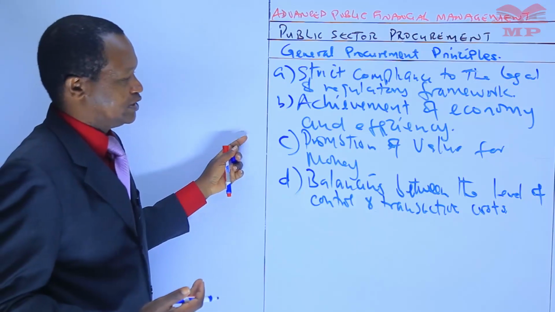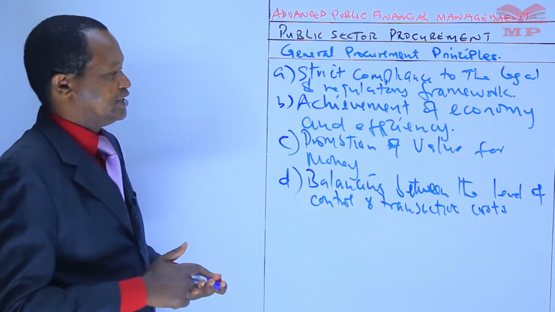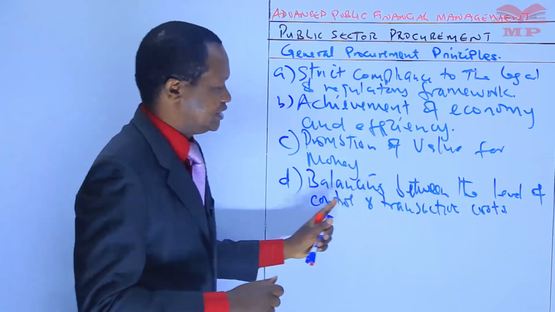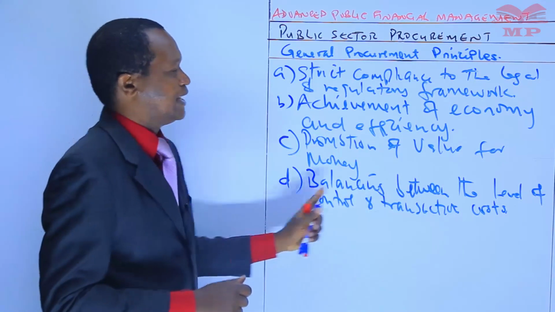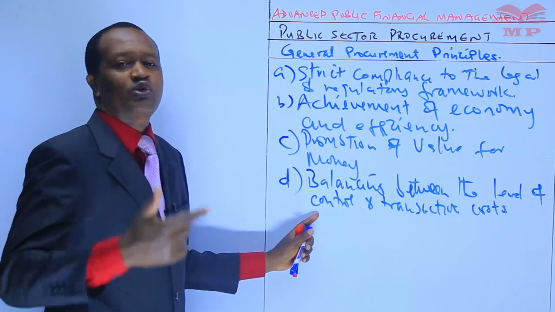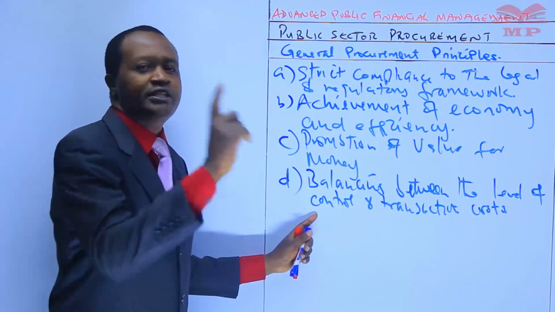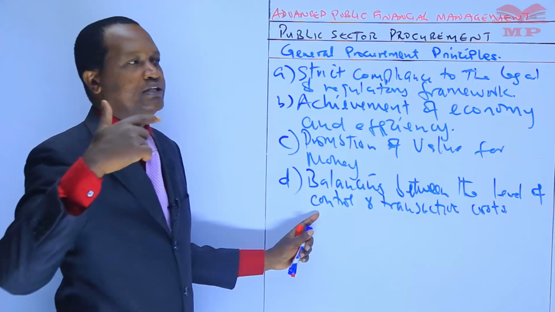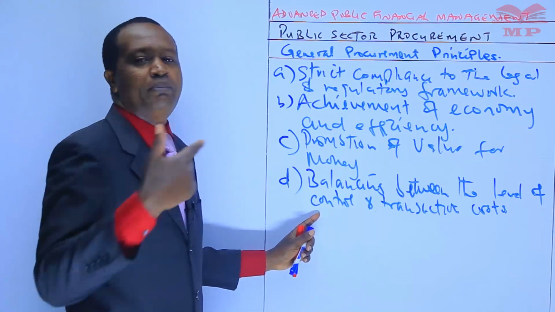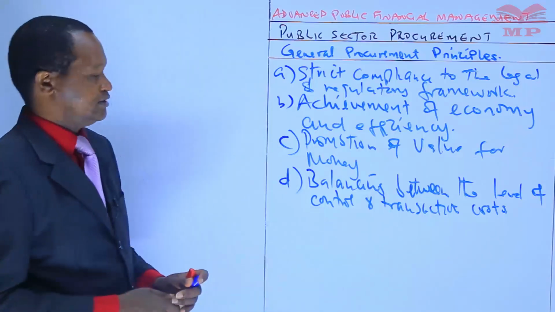That is a general principle. There is need to balance the level of control and transaction costs as it pertains to both the direct costs and also the administrative burden and delay.